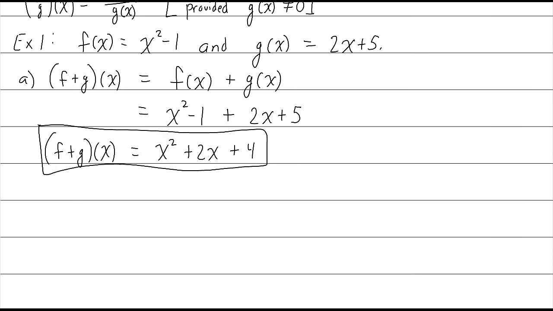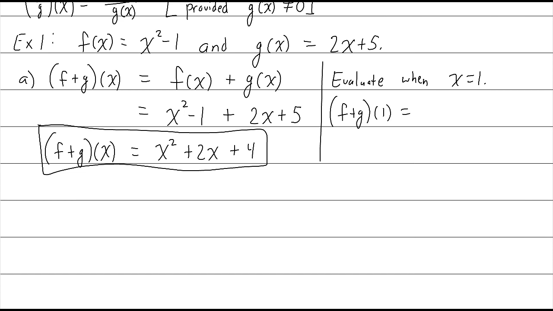Not too bad. While we're at it, let's also evaluate when x equals 1. Sure, why not? So let's say I wanted to find f plus g of 1, right? Again, this is a new function, so I'm allowed to plug stuff into it.